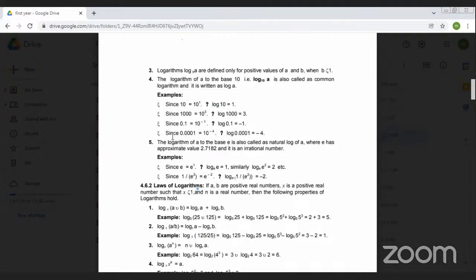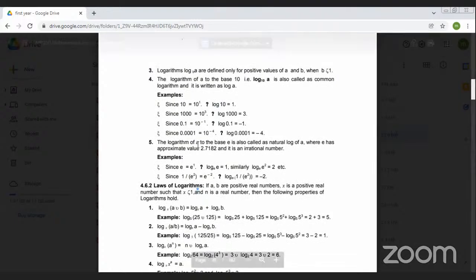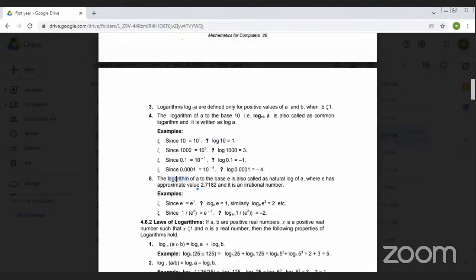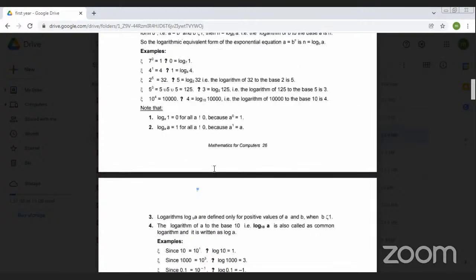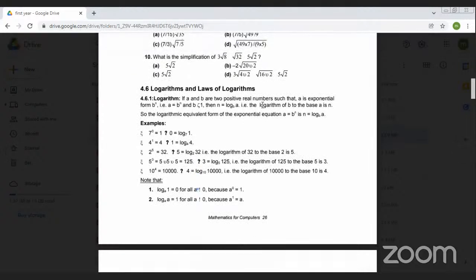Now for this, the logarithm of a to the base e. Now see students, here you can understand the logarithm of a to the base e. That means how do you represent the logarithm of a to the base e? Now here they have made a printing mistake. What is the printing mistake?